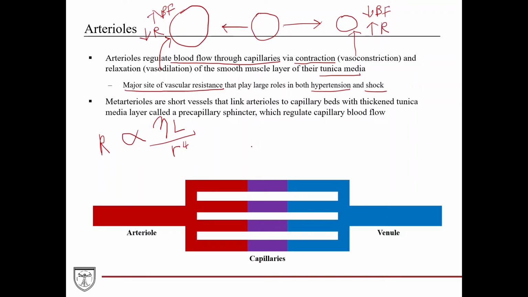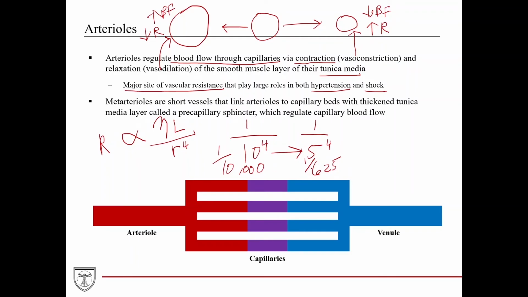However, if you were to change the radius from 10 to 5, what you're doing is changing from 1 over 10 to the fourth, which is 10,000, to 1 over 5 to the fourth, which is 625. And so you're going from 1 over 10,000 to 1 over 625. As you can see, that's a dramatic difference.